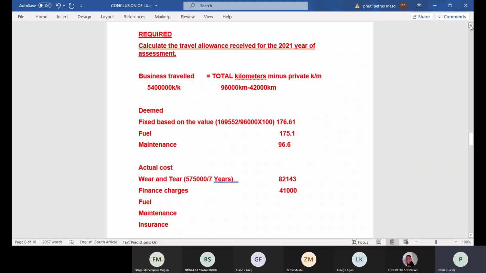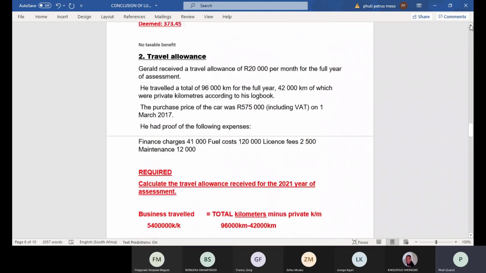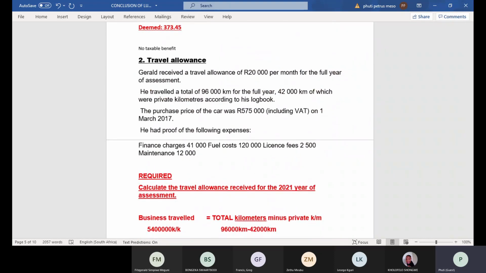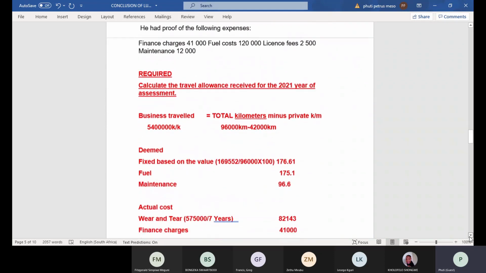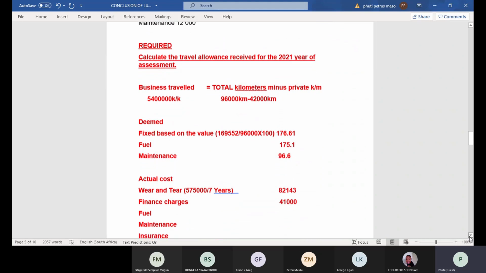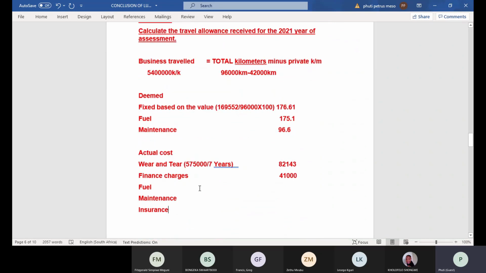All right, fuel is 120,000 and license is 2.5. Are you guys there?